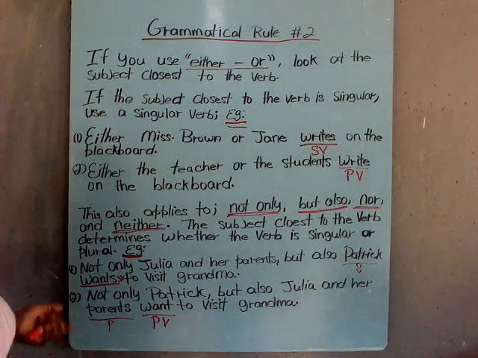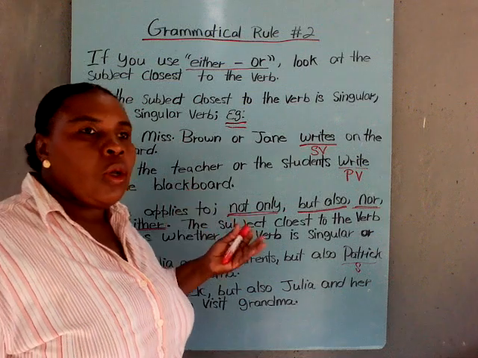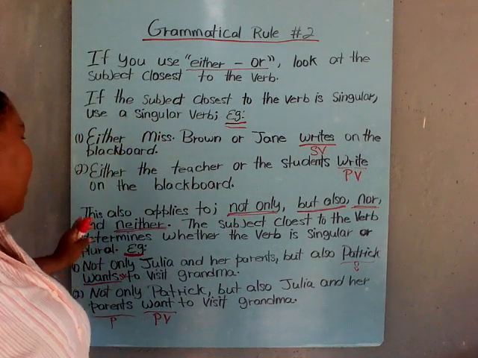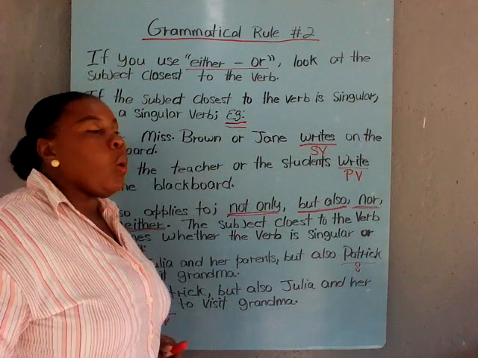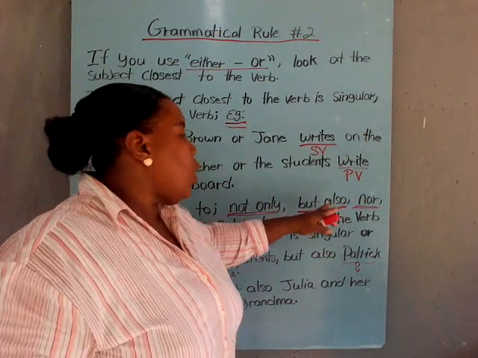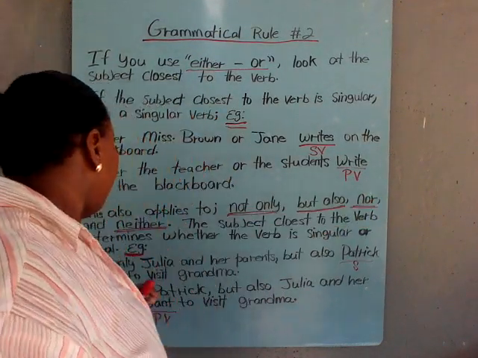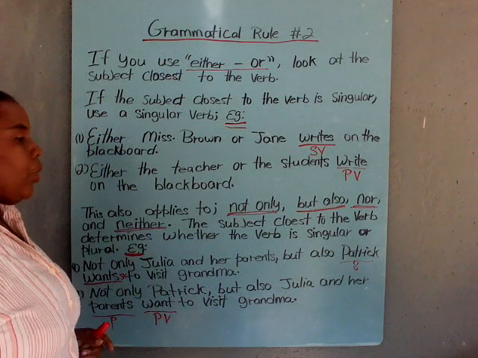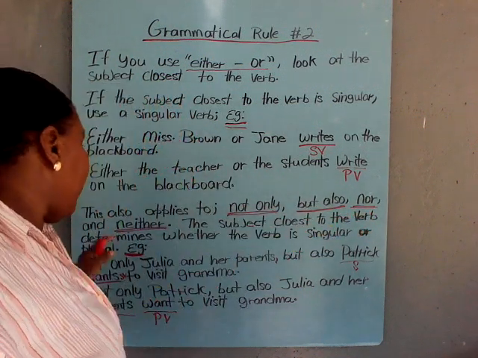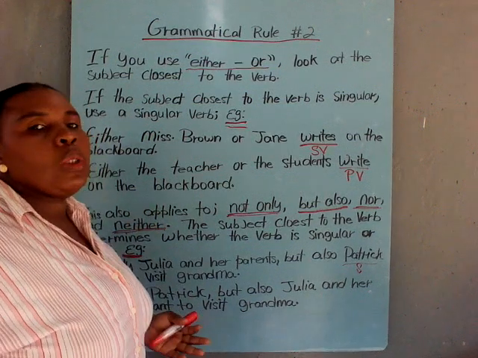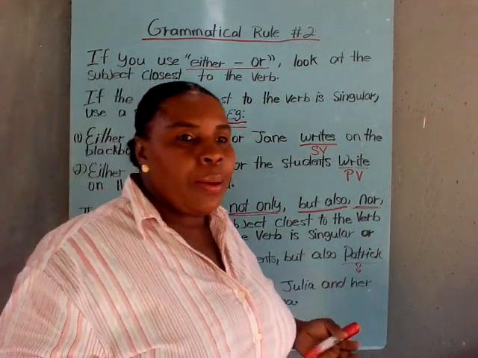The instructions go on to say, this also applies to not only, but also, nor and neither. So these words which I've underlined or highlighted, these rules also apply to them, alright?